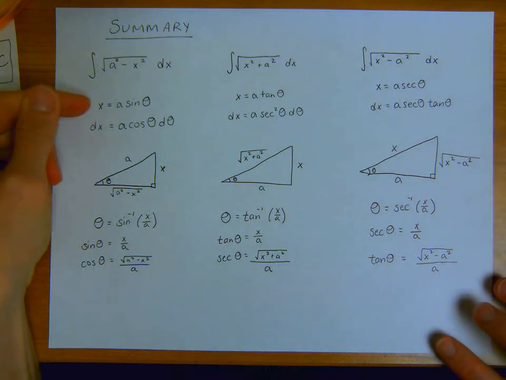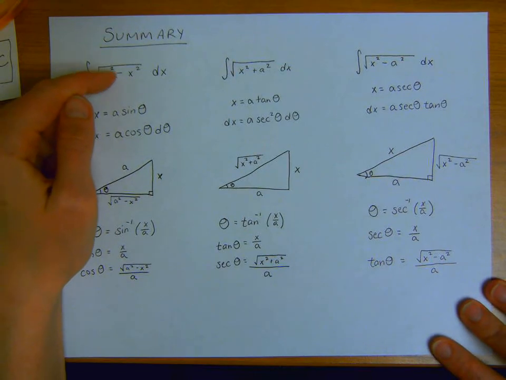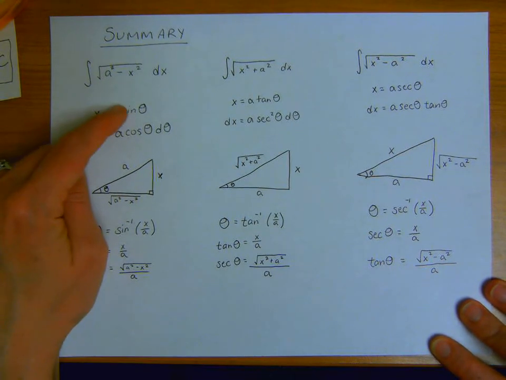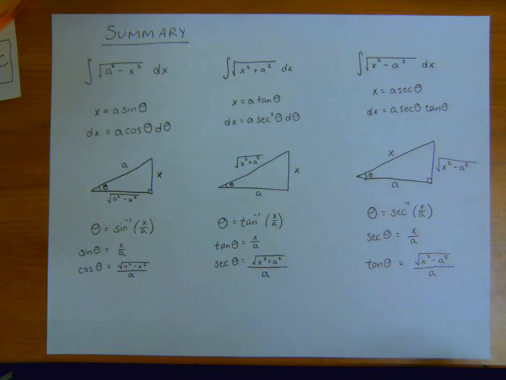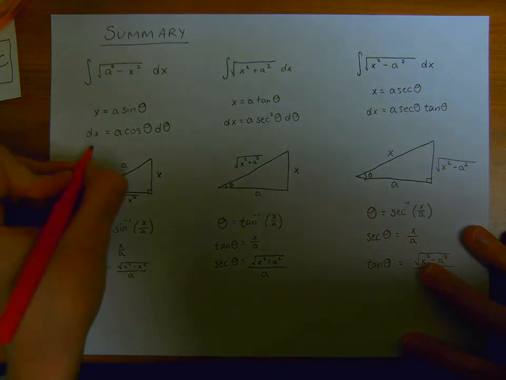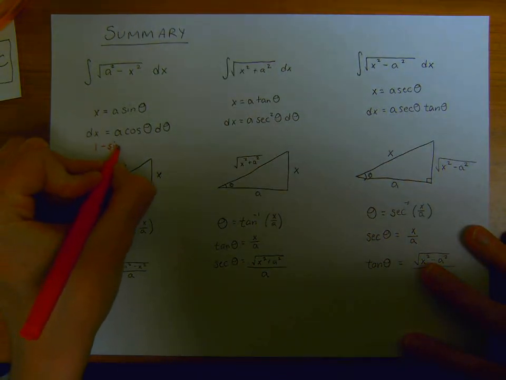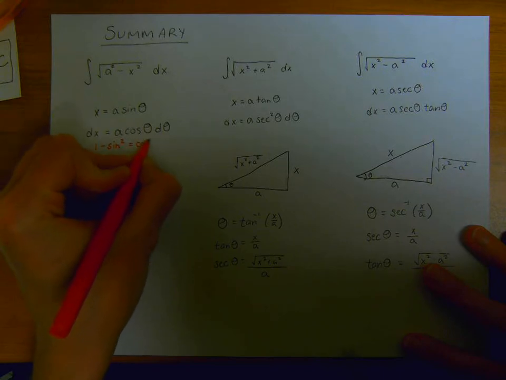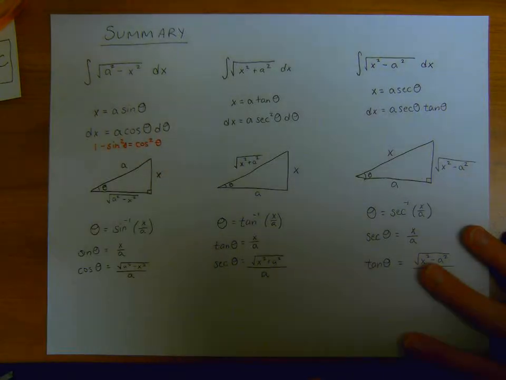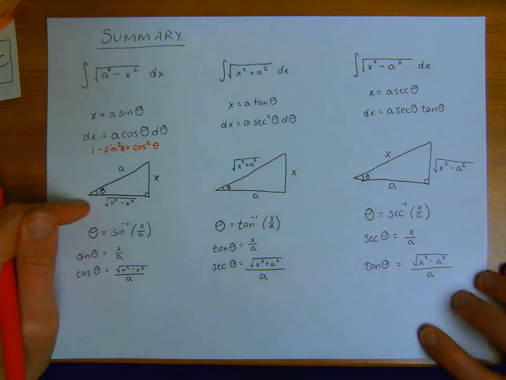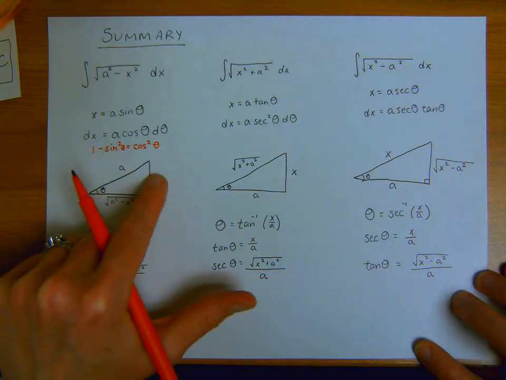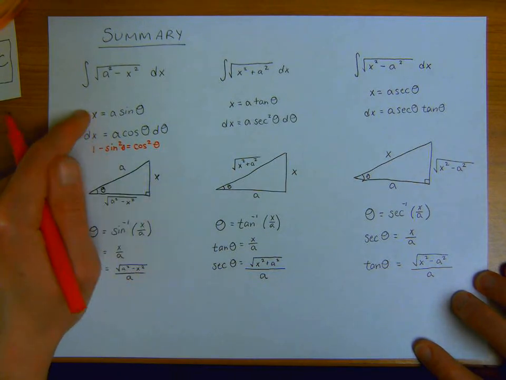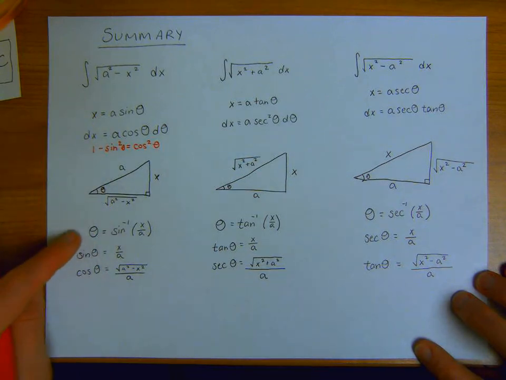First, if it's like 1 minus x squared, then we're going to need to use a sine identity, and maybe I should write in the substitution in this case, the fact that 1 minus sine squared is equal to cosine squared. And then when substituting things back in, you have to draw the triangle and find out what the opposite and the hypotenuse are from this identity.